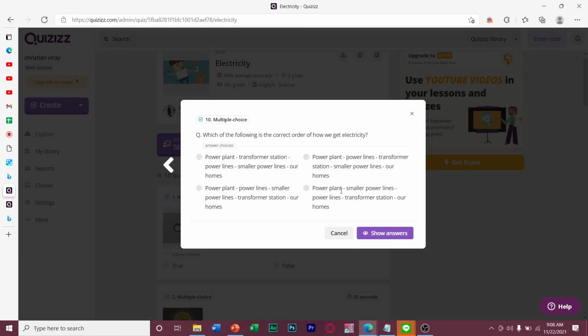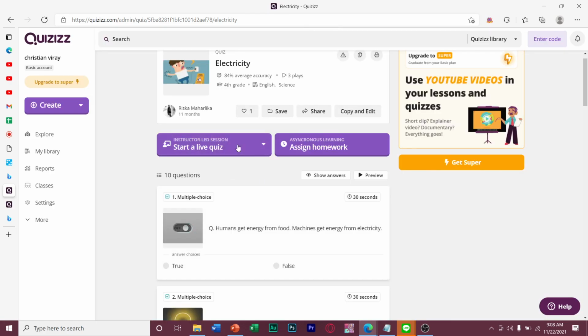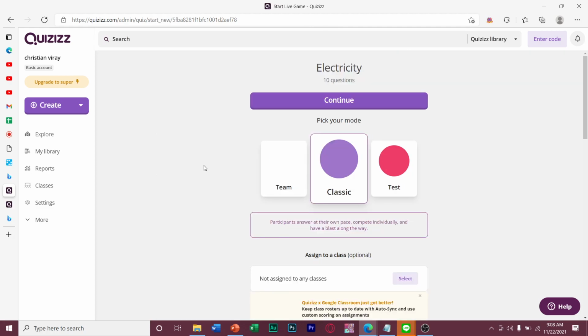Or D, power plants, smaller power lines, power lines, transformer station, and our homes. A, B, C, or D? What's your answer? The correct answer here is letter A. Power plant, transformer station, power lines, transformer station, then our homes. Okay, and let's start the quiz now.